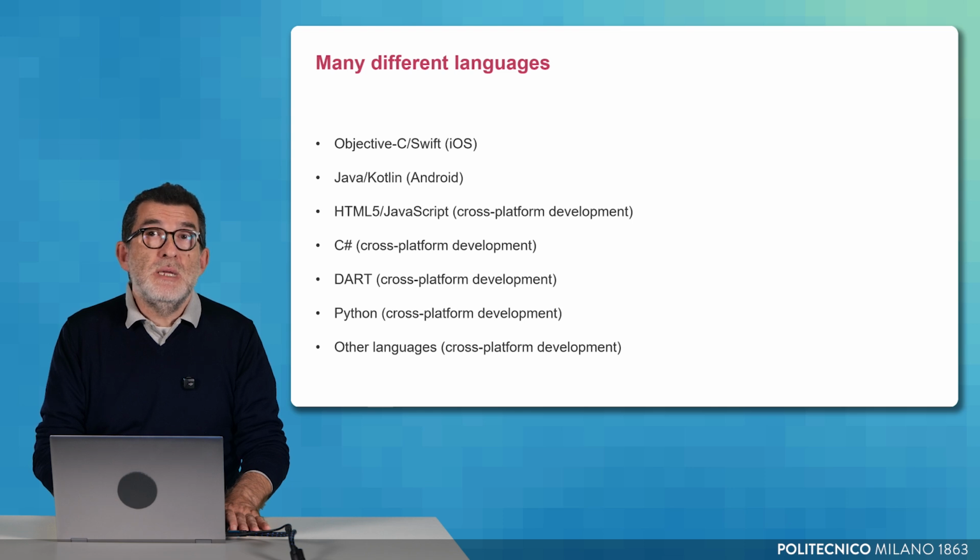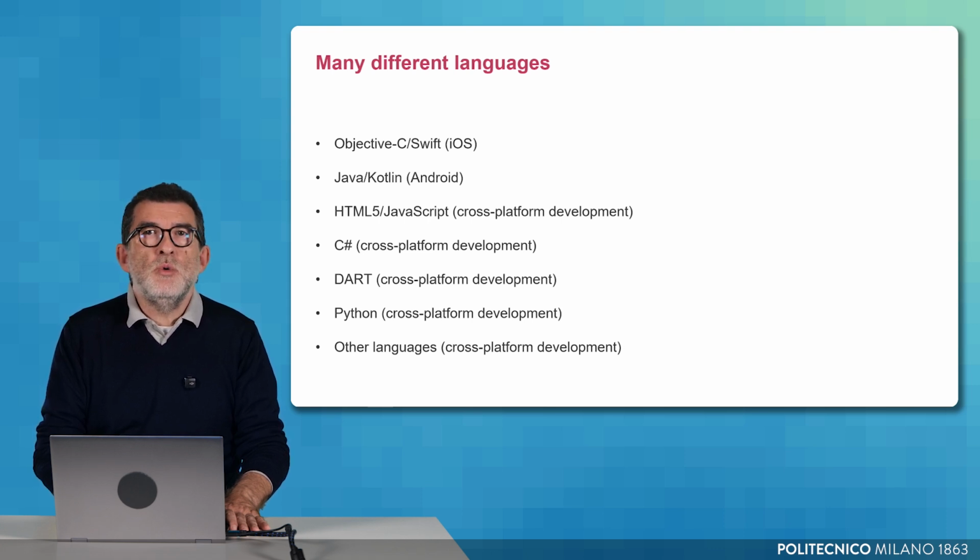React Native by Meta builds on React and uses JavaScript and JSX to create native mobile interfaces. Xamarin, backed by Microsoft, enables developers to use C# and Visual Studio to build cross-platform apps.